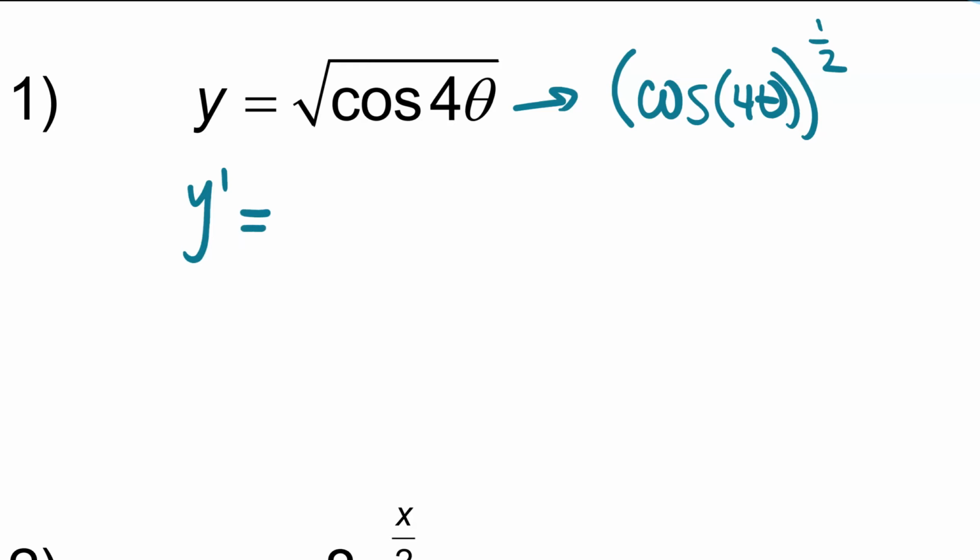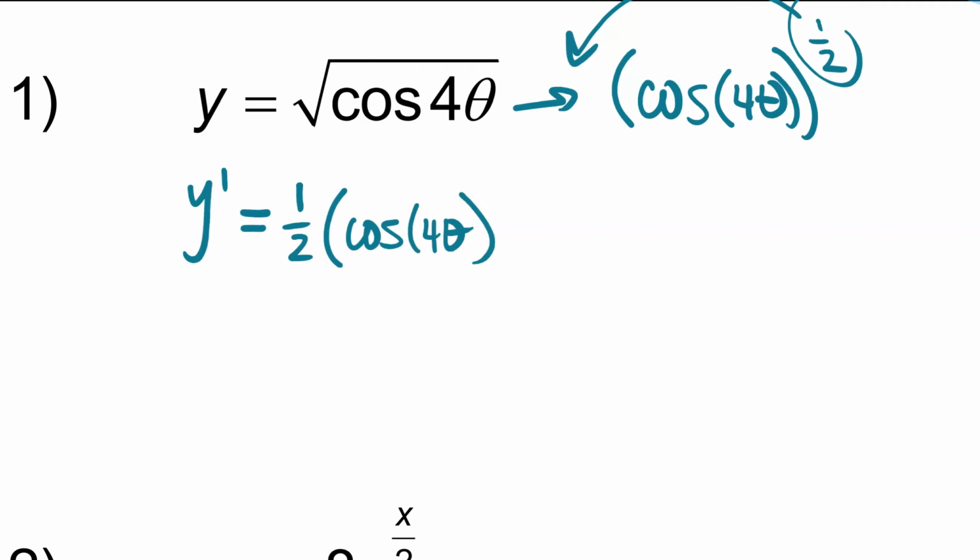So first, you bring the 1/2 down, and then you have to rewrite everything. What is 1/2 minus 1? Negative 1/2. It's because negative 1/2 minus 1 is negative 3/2. You're close. We're not done yet.